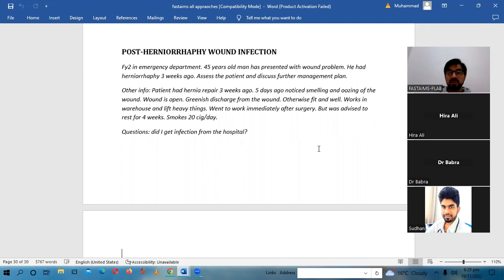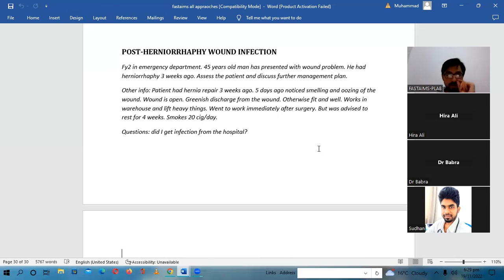That could be a possible risk factor that has contributed to wound infection or delayed healing. Then you have to manage it. Admit the patient, take swabs and send them for culture, start him on IV antibiotics, and inform the seniors about this condition. That's all about this infection.